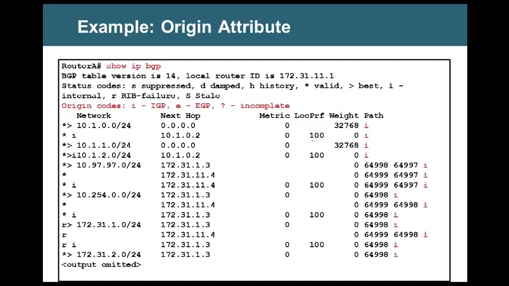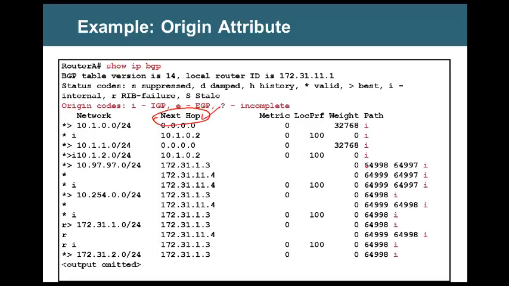So you saw those 11 attributes, right? Those 11 attributes can be tuned in different ways to have different path selection according to our policies. Nothing more than that. Now, this is a well-known mandatory attribute. Next hop.